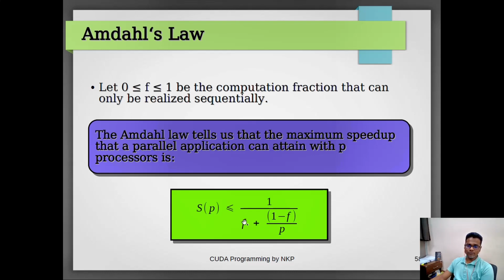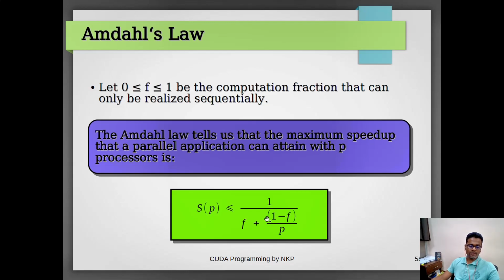This is a very hypothetical situation, but let's see what happens. The sequential fraction f becomes 0, so this term becomes 0, 1 minus 0 becomes 1, and 1 by 1 over p becomes p. That means the speedup will be p, so if I have p computing resources, the speedup will be p.